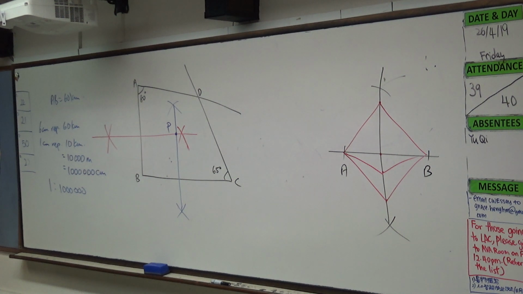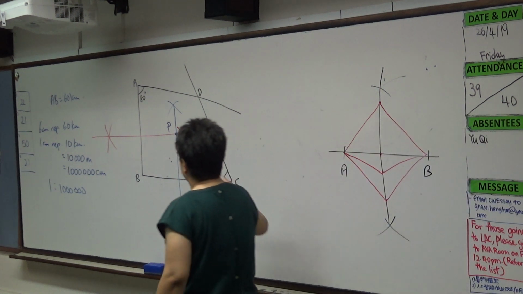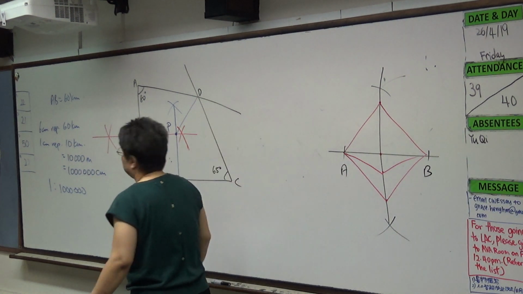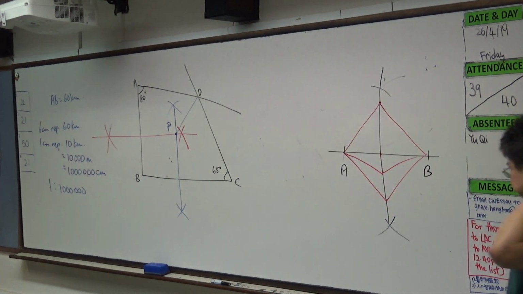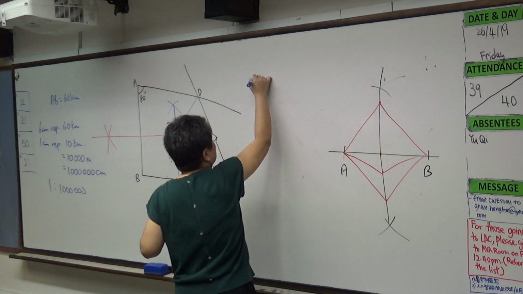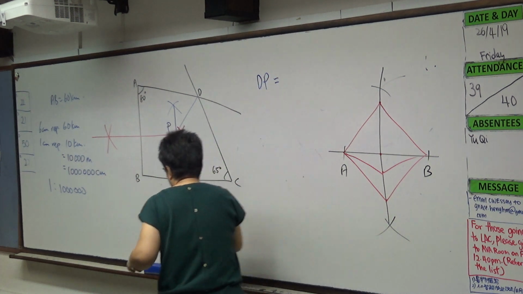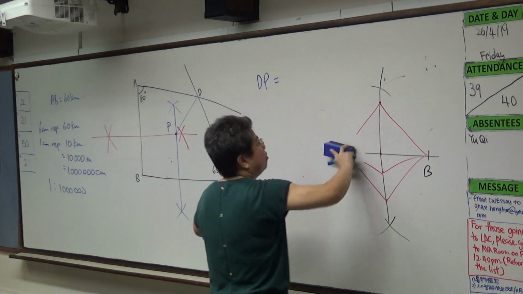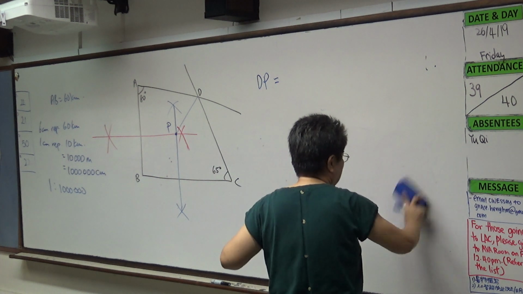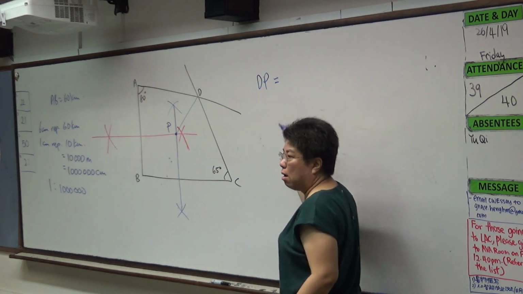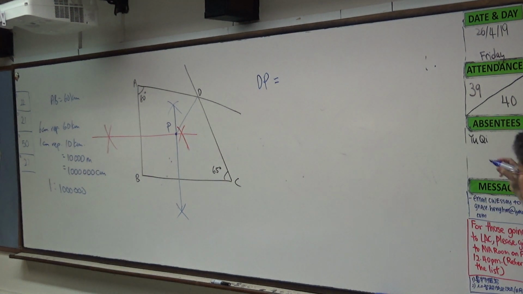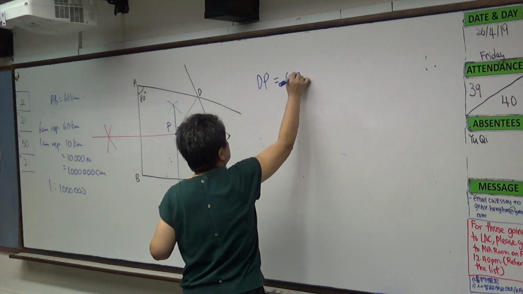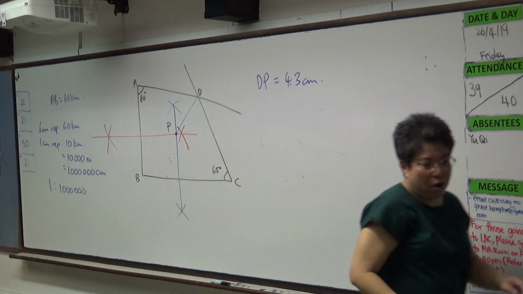Hence, find the actual distance from D to the pole P. Now I want to use a ruler. Measure this distance DP. How many cm? 4.3, I think, alright? 4.3. So DP is 4.3 cm. What did the question ask for?